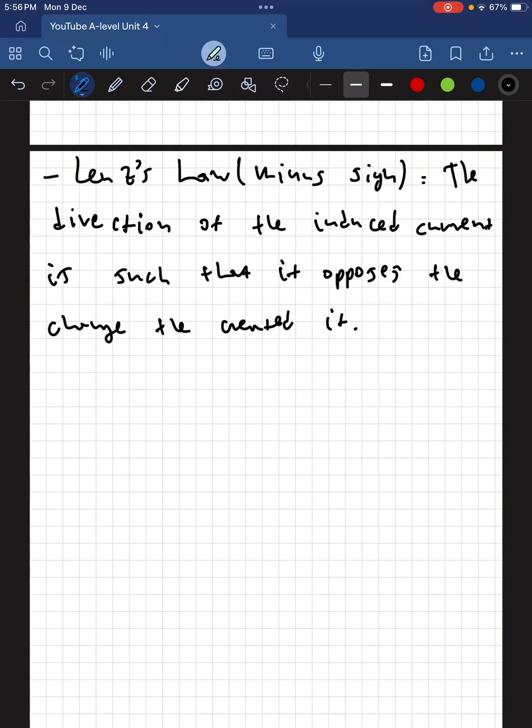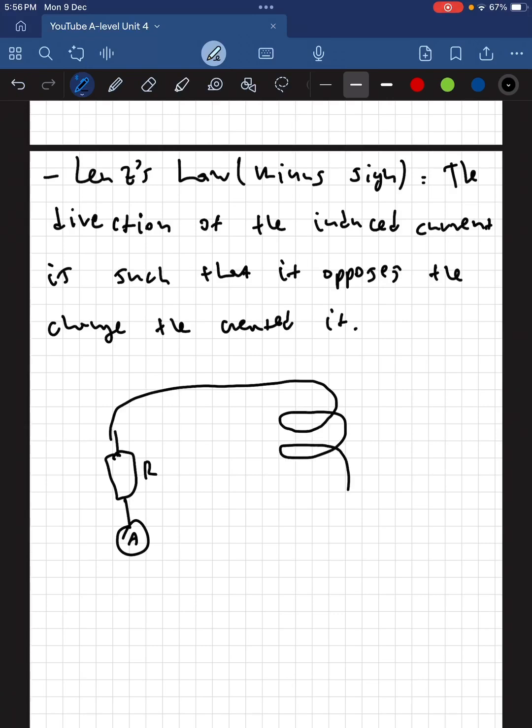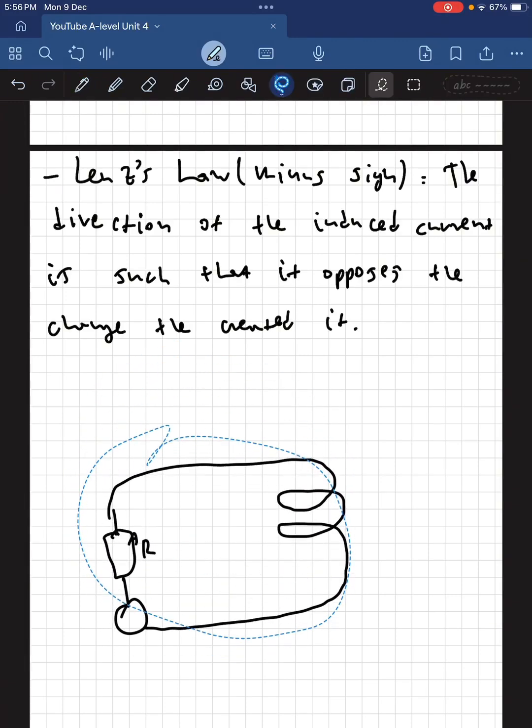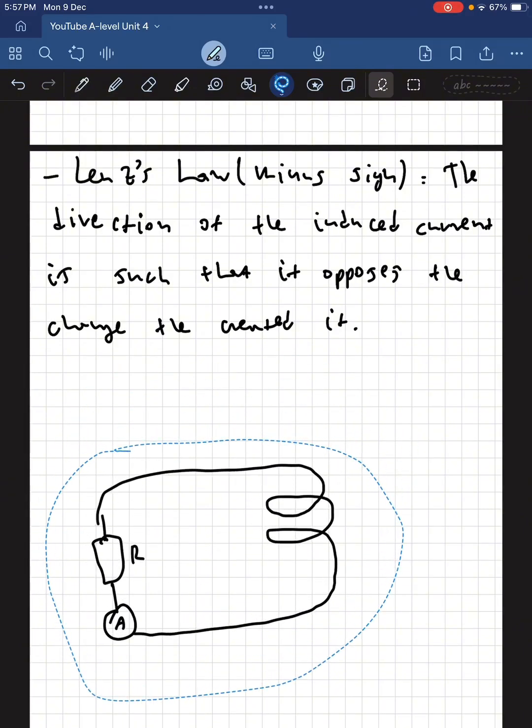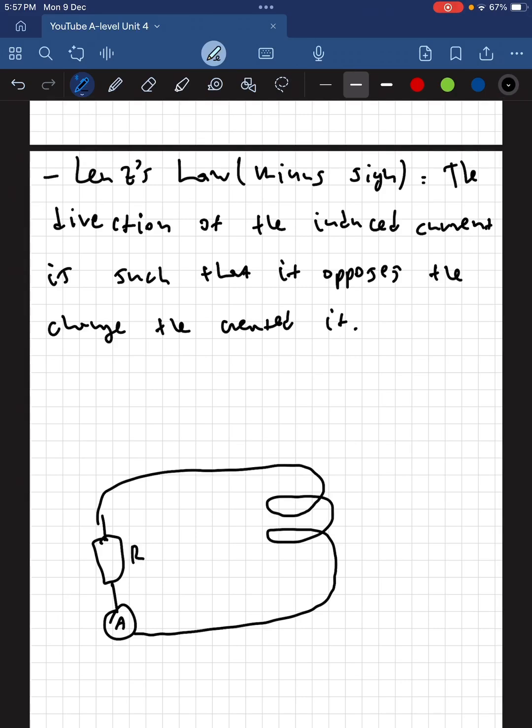Let's say that I have a circuit with a resistor R, an ammeter, and let me try to make a very simple coil. And let's say that I have a bar magnet with its north pole and its south pole falling into this coil.